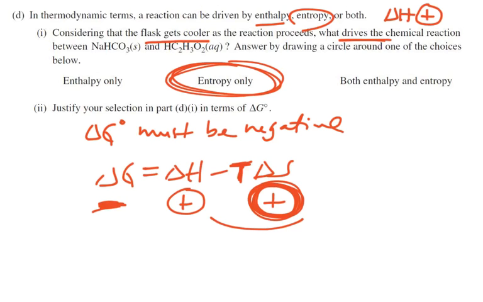So it must be the entropy, positive entropy, getting more disordered, that is causing this reaction to go. And we know that because we're putting together a solid and an aqueous solution and forming a gas, CO2 gas. That is the positive delta S we're getting here. It's getting much more disordered.